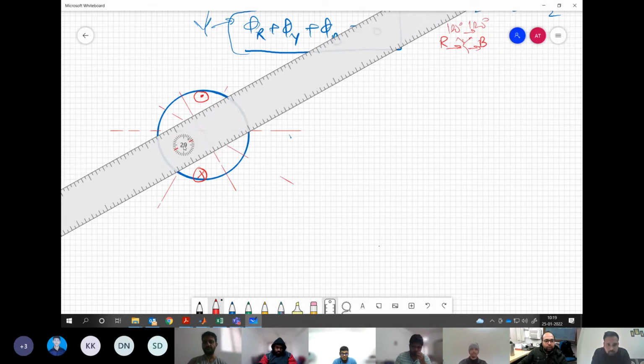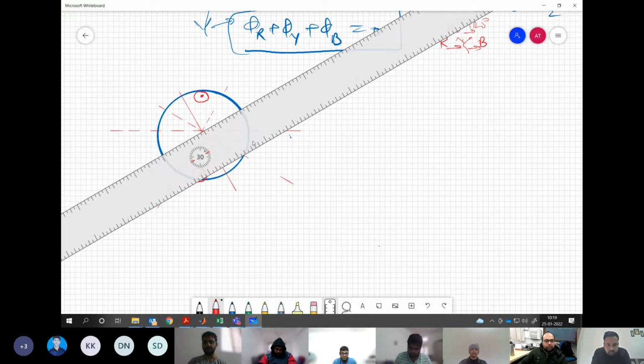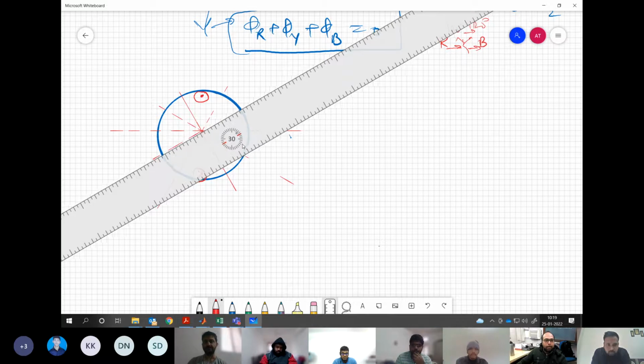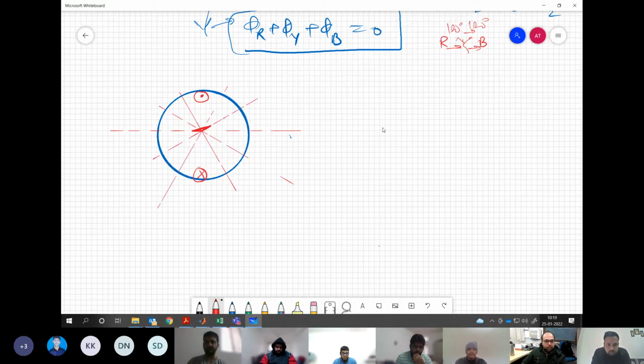Okay, maybe once we mark, then this will be good enough to utilize again and again. Okay, so roughly something like this is coming over there. I think the center is a little bit messed up.